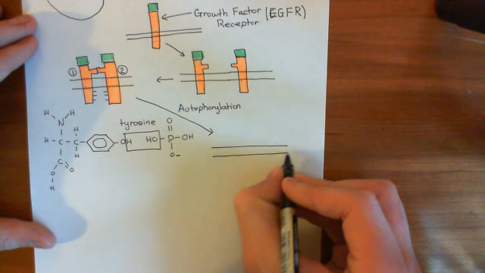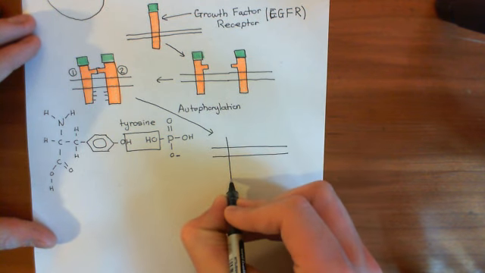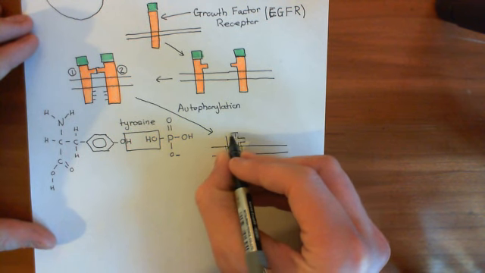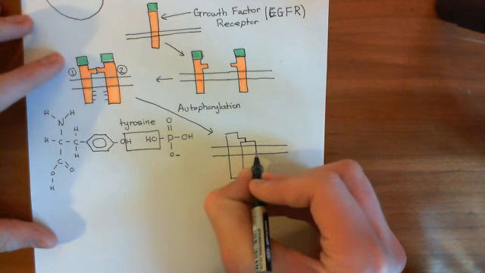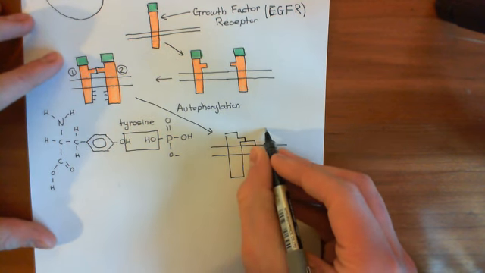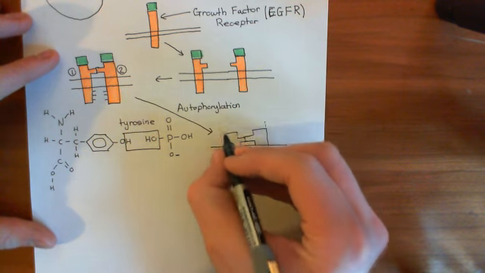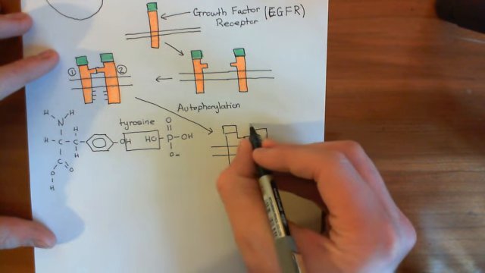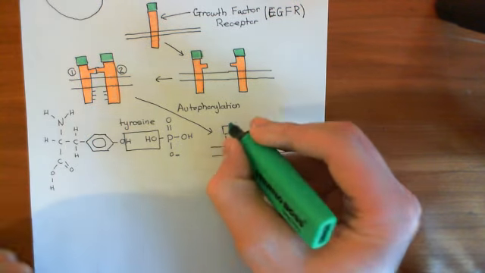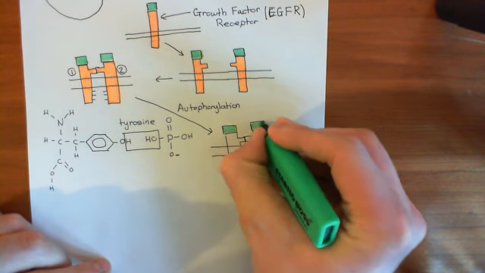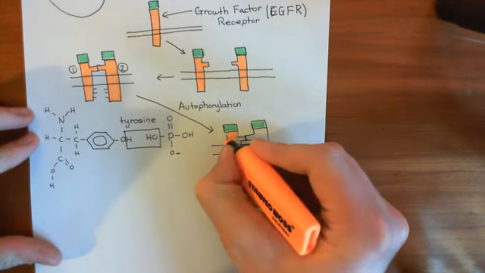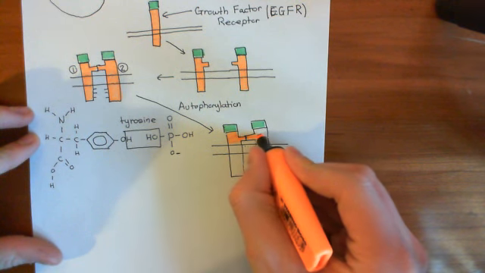So let's draw the growth factor receptor with these phosphorylated tyrosine residues. Okay, so here is the growth factor receptor. They are dimerized together like so. I wish I'd left a bit more space now in between the two so that I could draw the phosphate groups a little better. Here are the growth factors, still bound on the extracellular domains. Let's colour everything in. So here are the growth factors in green. Here are the growth factor receptors in orange. Okay, right across there.